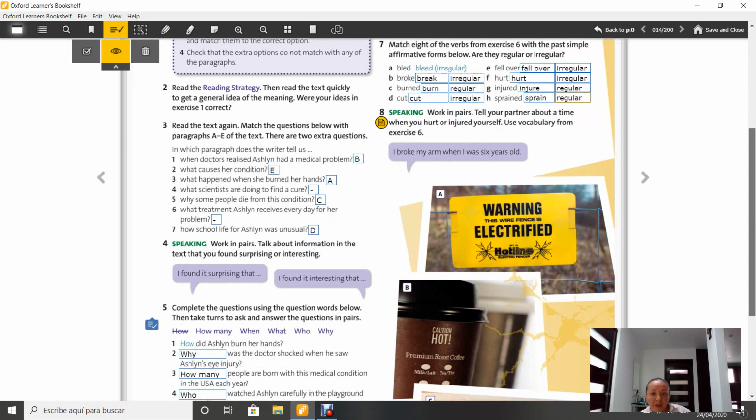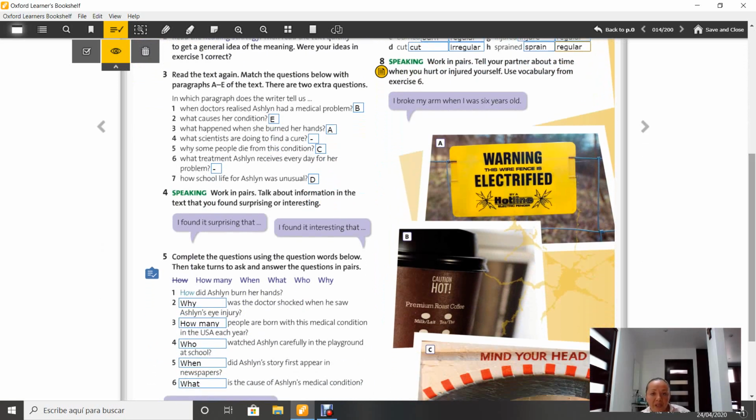Okay, now as you can see, it says when you hurt or injured yourself, use vocabulary from exercise 6. I want you to write here in a little paragraph, maybe in a post-it, an experience that you had maybe when you were a child, or maybe a few days ago, but some experience that you can tell me or that you can describe here in a little space.